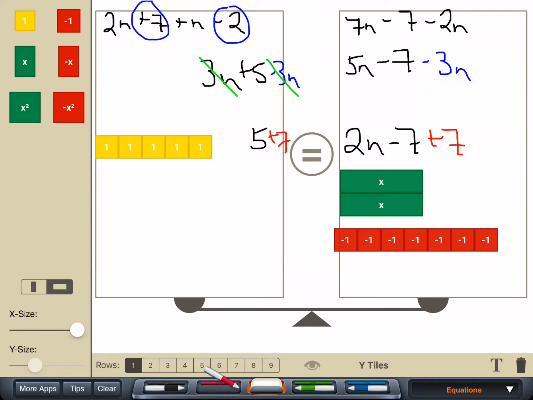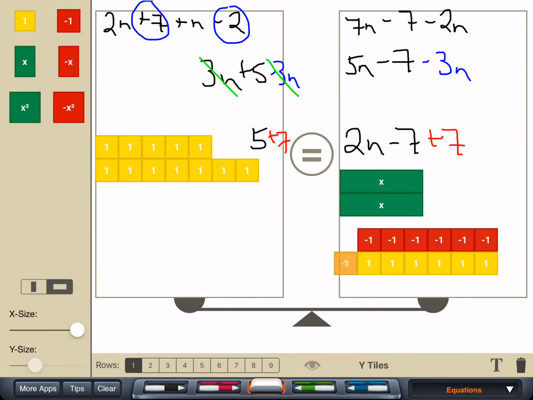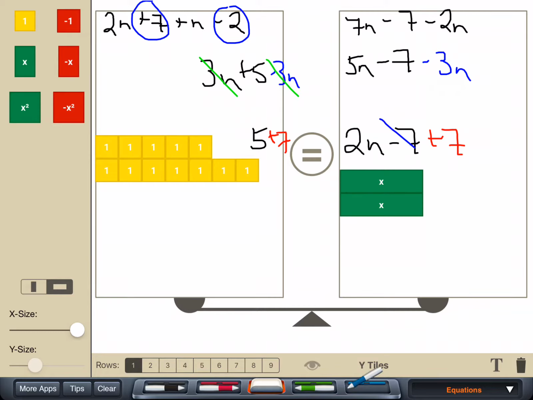Okay, now on the right, it's pretty important that I get my 7 positive 1's here, because that allows me to make 0 pairs. But before I do anything with those, I'm going to add my 7 to the left. 1, 2, 3, 4, 5, 6, 7. Okay? Now I can make my 0 pairs, and this is showing me that the minus 7 plus 7 after the 2n actually do cancel each other out.